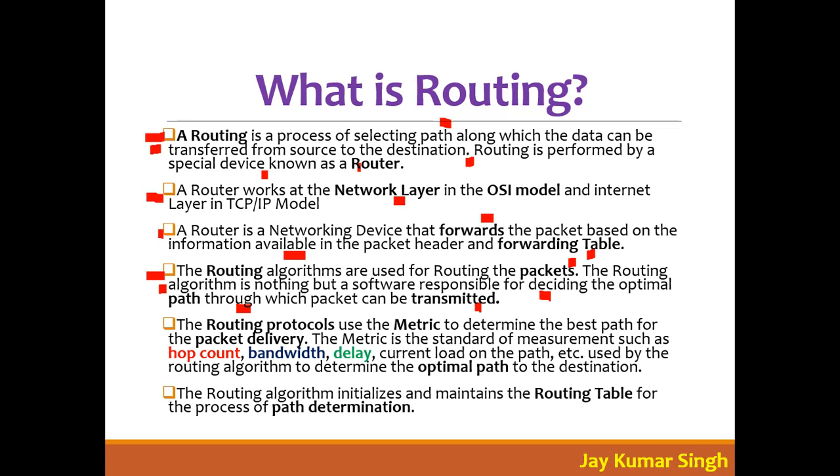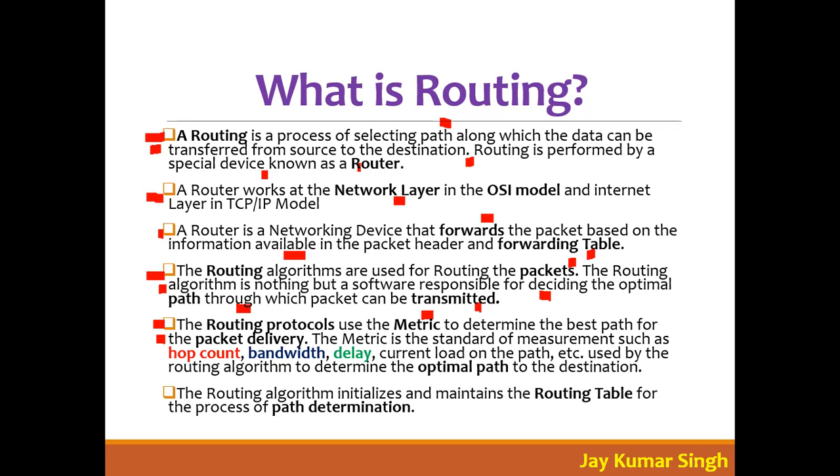This algorithm defines that a packet can be transferred from source to destination on the basis of bandwidth, or hop, or cost. Slowly we will understand. The routing protocol uses the metric to determine the best path for packet delivery.